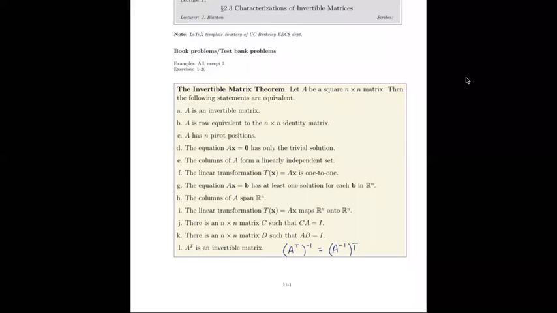Anyway, it's a nice list of results, and if you're stuck with two things that feel like they might not be very well connected, and you're trying to solve a problem or answer a question about an invertible matrix, then there's a good chance you might find an equivalence on this list that'll help you out.